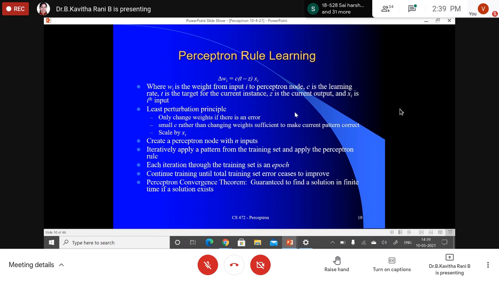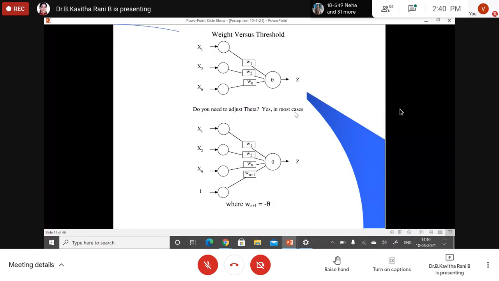The perceptron convergence theorem guarantees to find a solution in finite time. So at last we will get the best fit by applying this perceptron rule learning. Here we need to adjust the threshold value. Every time the threshold value will not be the same; according to the data set, we will use a threshold value.